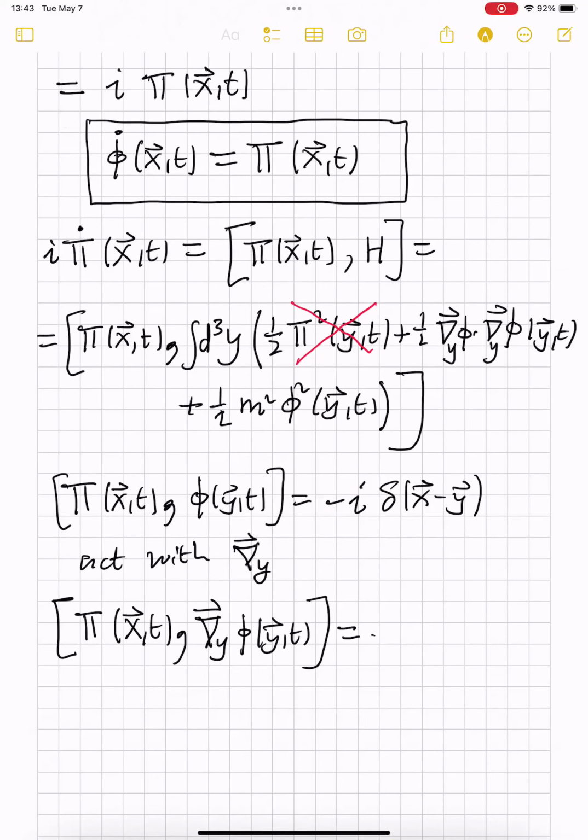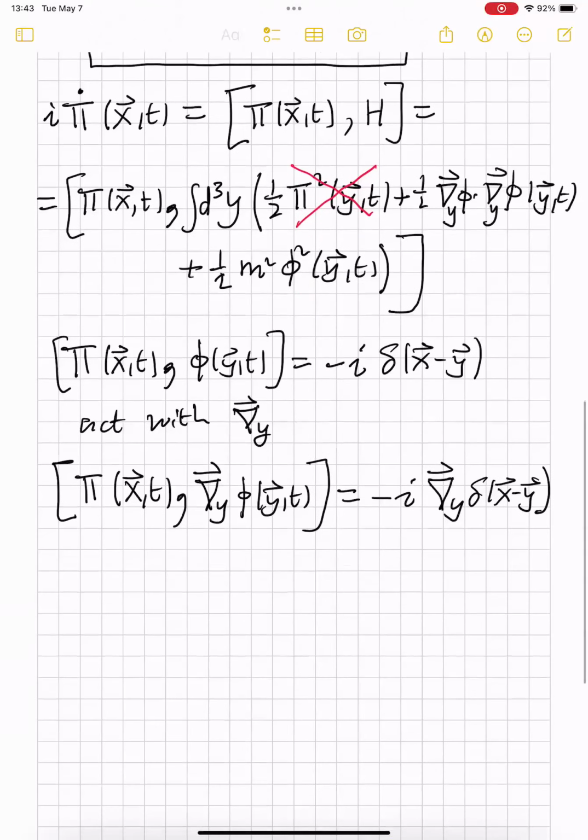And then the right-hand side, we just get the gradient of the delta function. Now, we've been careful to track that the nabla depends on y. Why is that? Well, the delta function only depends on x minus y.